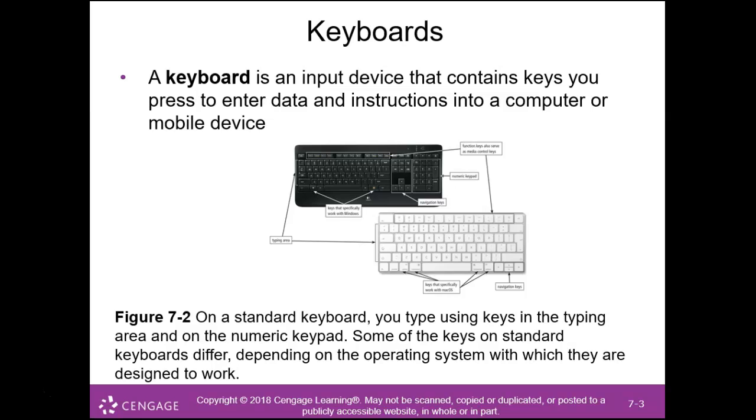So a keyboard typically contains keys for individual letters, numbers, special characters, as well as those special functions I mentioned. They nearly all have a typing area, some function keys along the top, some toggle keys, some navigation keys. Sometimes there'll be a media control button and even an internet control button, and of course other special keys.